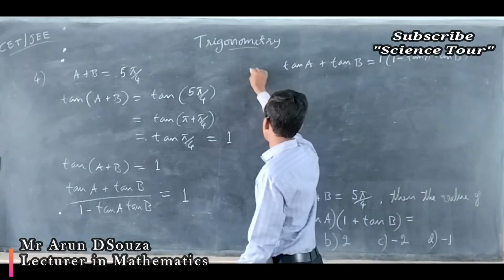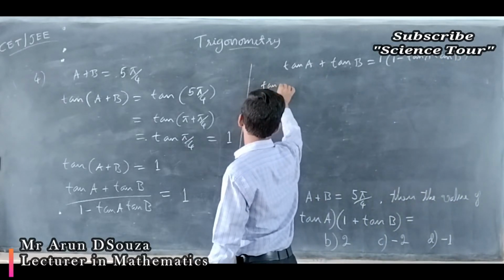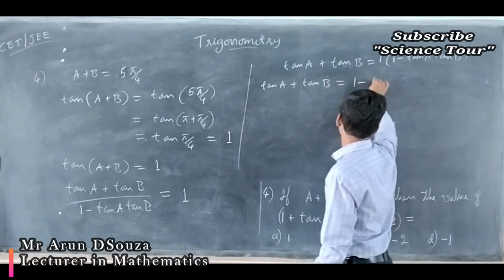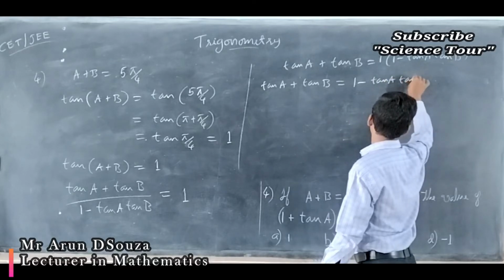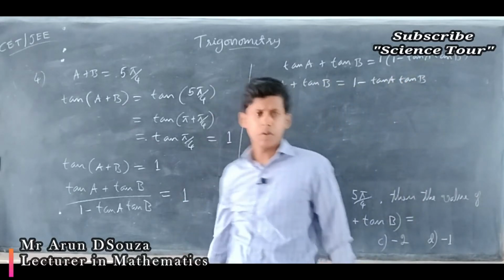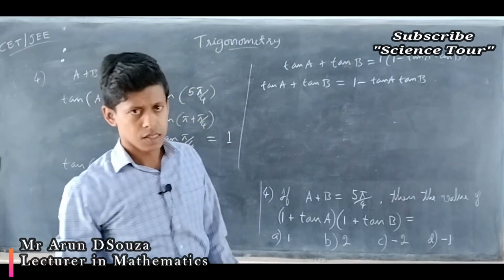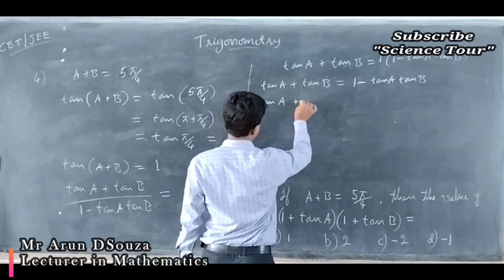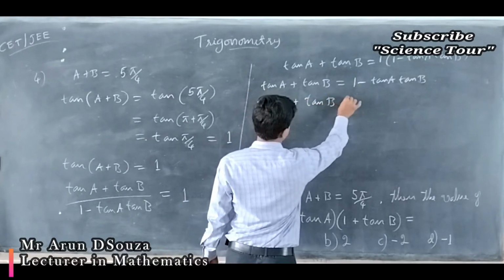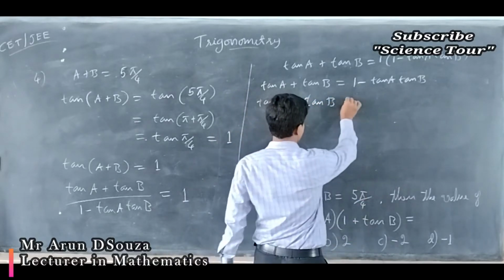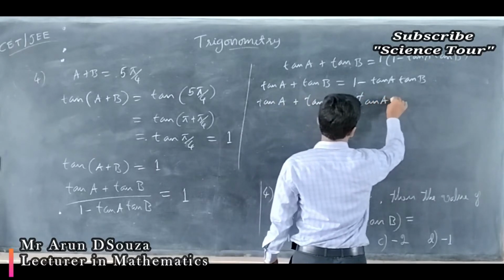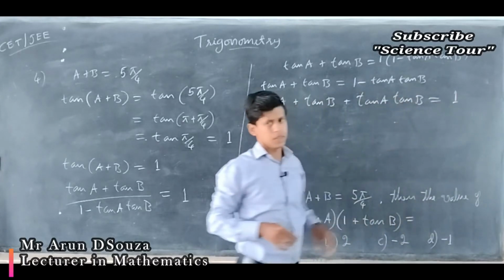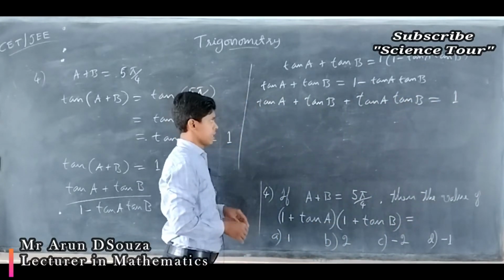So that tells me that I have tan a plus tan b, and that is equal to 1 minus tan a tan b. Now this is negative, let me bring it to the left hand side, so that will be positive. So I am getting tan a and then tan b and then plus tan a tan b, and that is equal to 1 here. So that 1 remains in the right hand side.